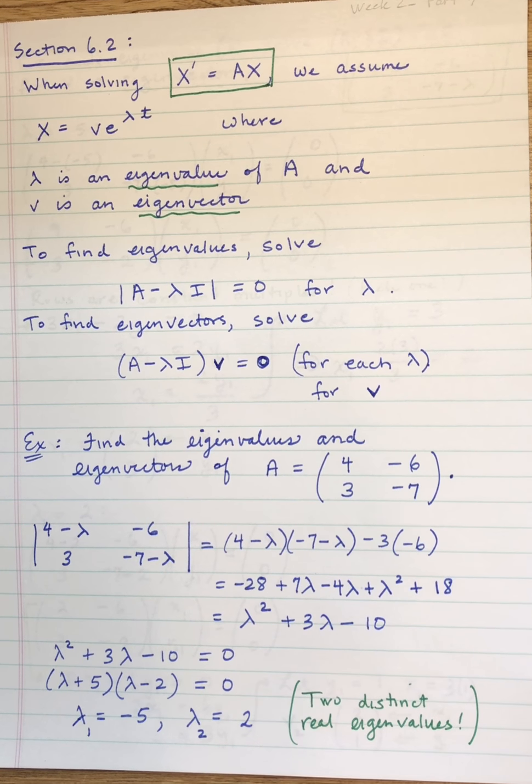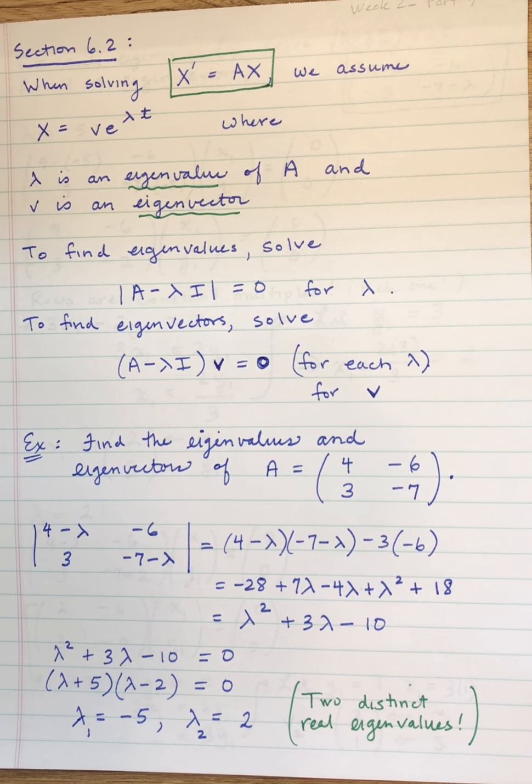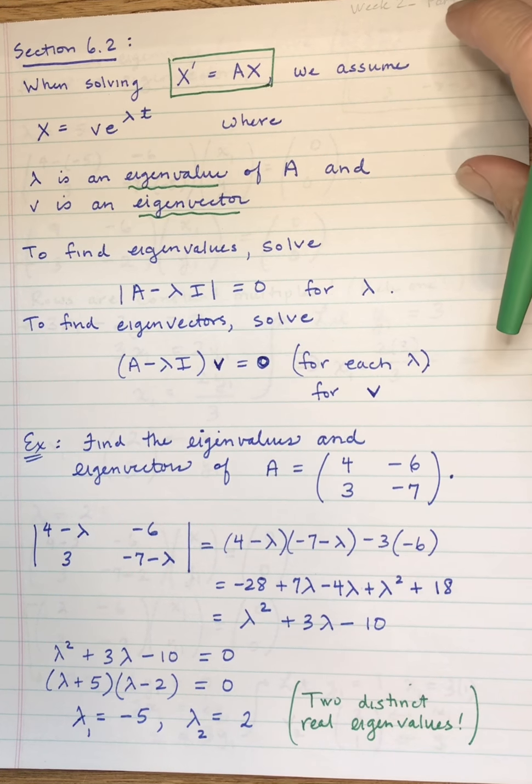These are quadratic because we're going to focus on 2 by 2 systems, so you're going to see a lot of similarities between what we're doing now and what we did with second order equations. So we have our two eigenvalues. Let's find the eigenvector that goes with lambda equals -5 and the eigenvector that goes with lambda equals 2.